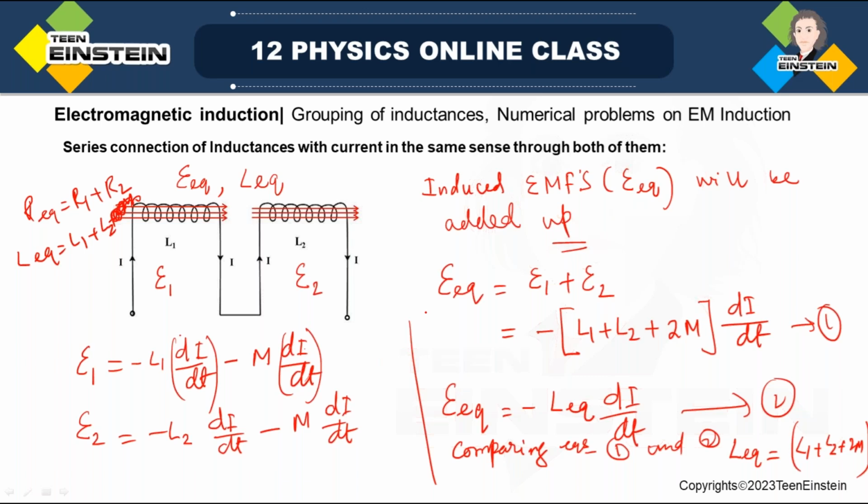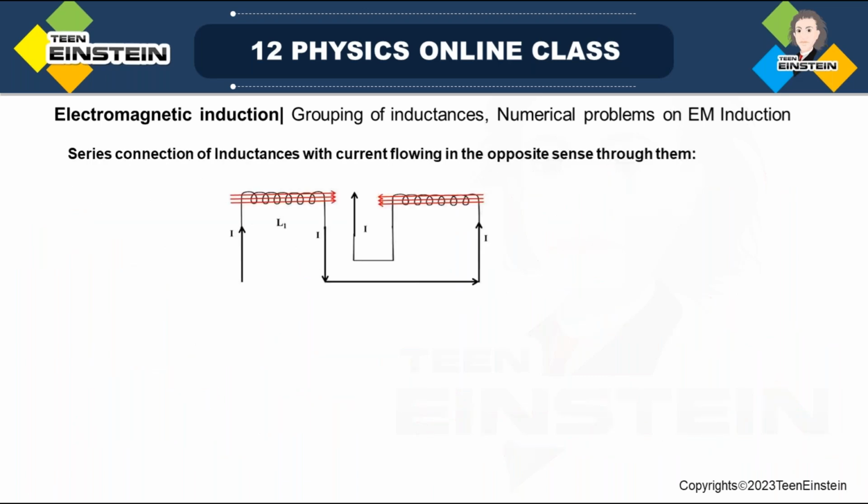Now we'll move on to another combination. This is also a series combination, but look here: the inductor coils are connected in such a way that the current in both will not be in the same sense.